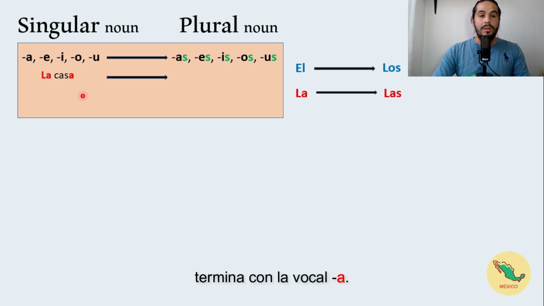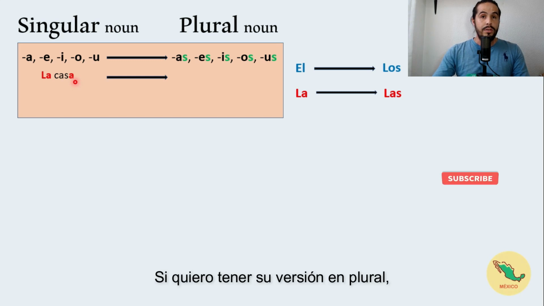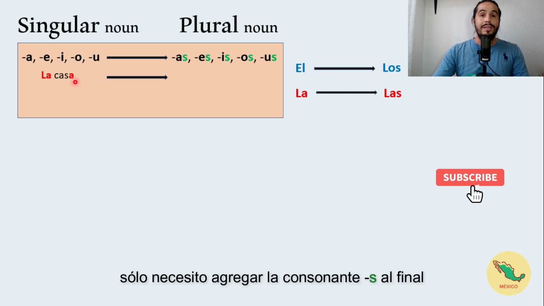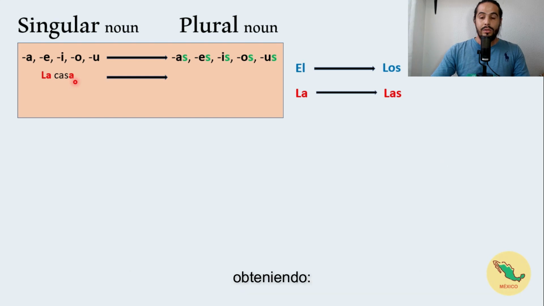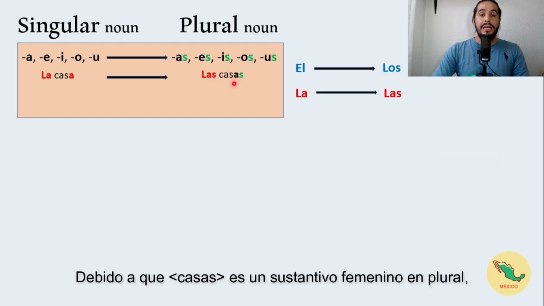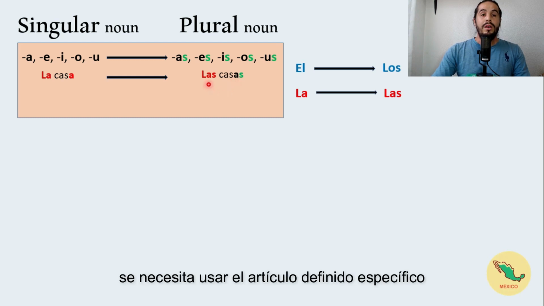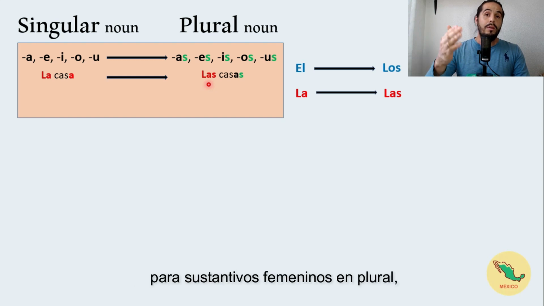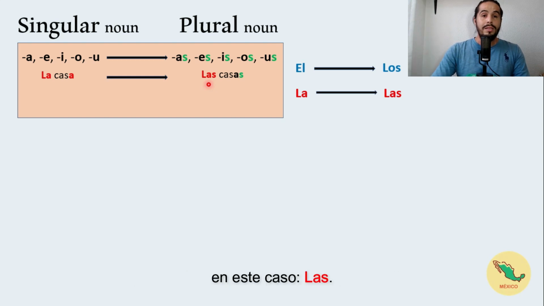It ends with the vowel a. So if I want to have its plural version, I only need to add the consonant s at the end. So I get las casas. Because casas is a plural feminine noun, you need to use the definite article specific for plural feminine nouns. In this case, las casas.